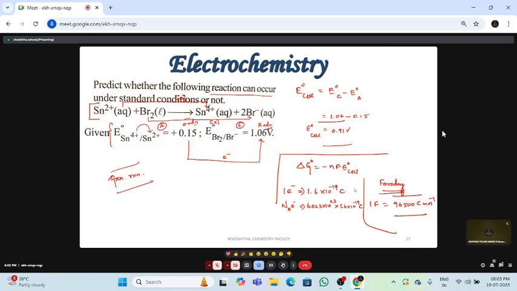Could you please multiply those values? I want you to tell me the approximate value. You just multiply this 1.6 into 6.